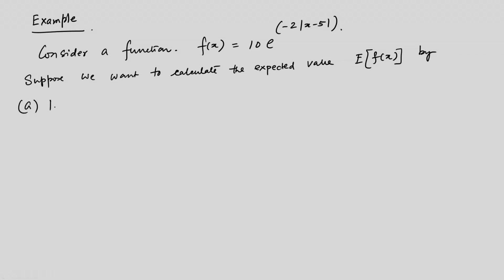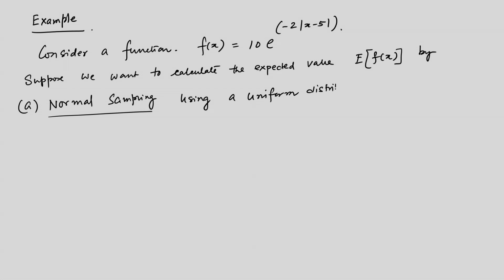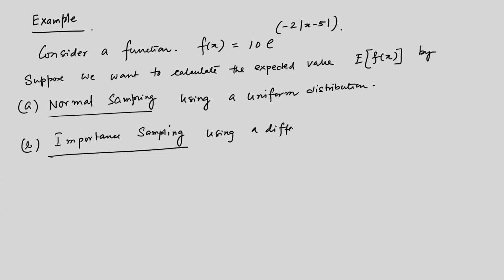One is, let us call it normal sampling, which is what we have been exposed to from the beginning, that is using a uniform distribution, or B, the importance sampling, using a different distribution. And how do we choose the different distribution? We will just come to that.